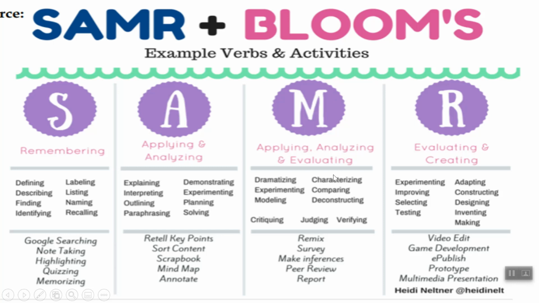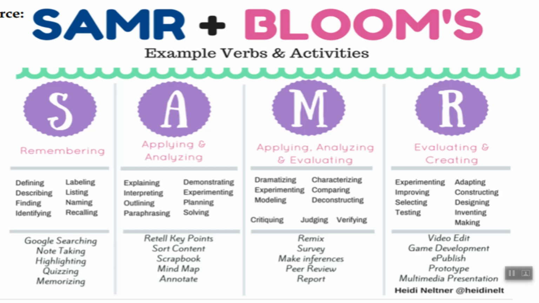The M, modification, you're going to remix things, do a survey, make inferences, and again, you have some verbs. And then the highest level, the redefinition, evaluating and creating and making things like videos, editing them, multimedia presentations, game development, things that were not able to be done before that can now be done.